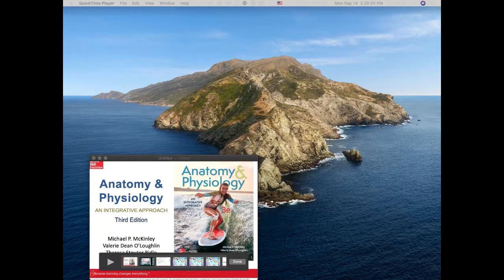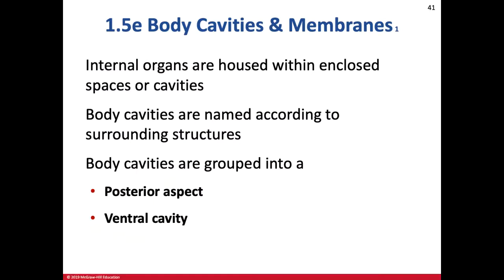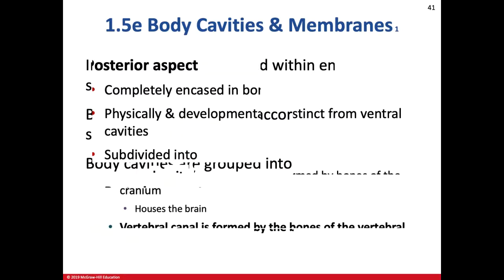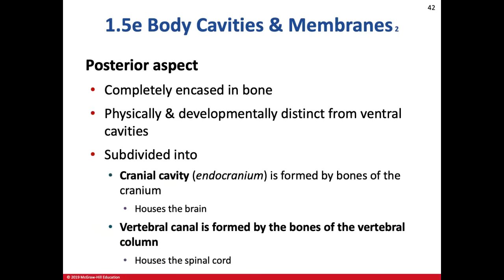And because of that, we have to line them with something that is protective. That protective lining is called mucous membrane. Mucous membrane produces something called mucus, which traps particulates and pathogens and flushes them out of those cavities so that they can be more easily eliminated.